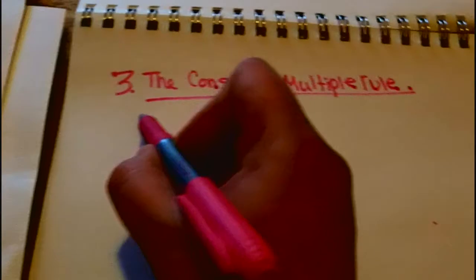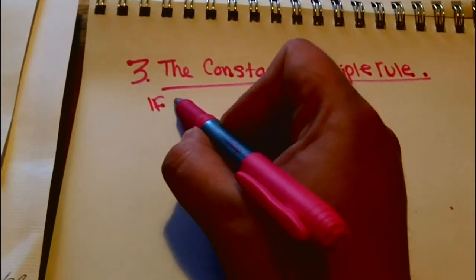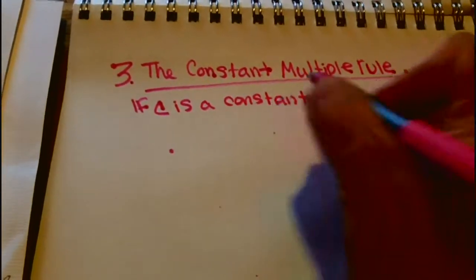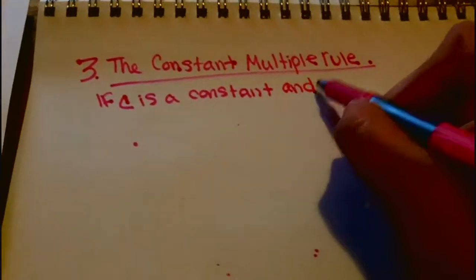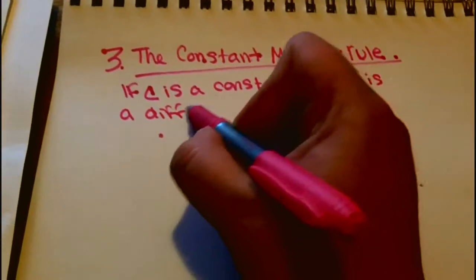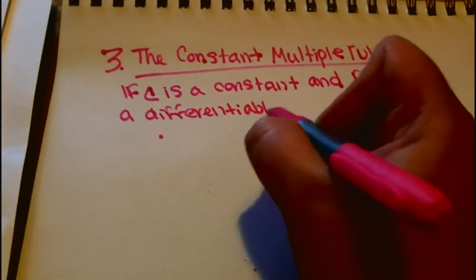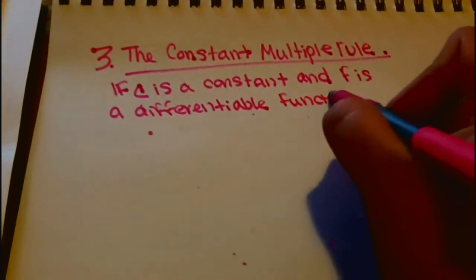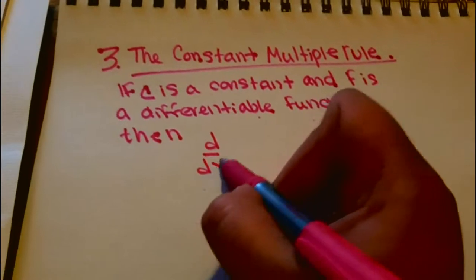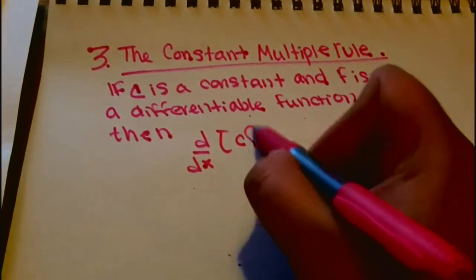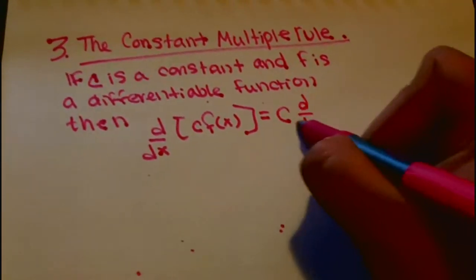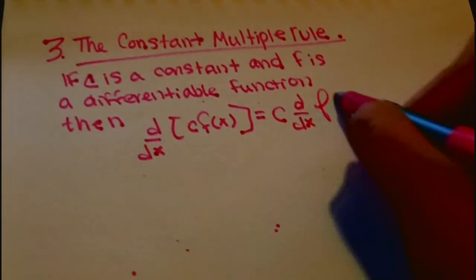And that says if c is a constant and f is a differentiable function, then the derivative d dx of c times f of x is equal to c times the derivative d dx of f of x.